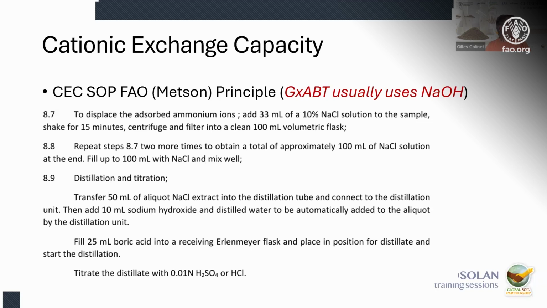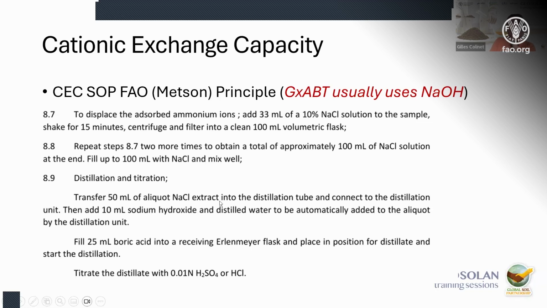In our own methods, we use the NaOH and not NaCl, and we just put NaOH, and then after we make distillation and titration. But in this specific study, we stayed in line with the SOP of FAO.